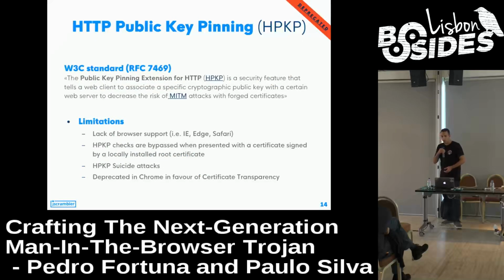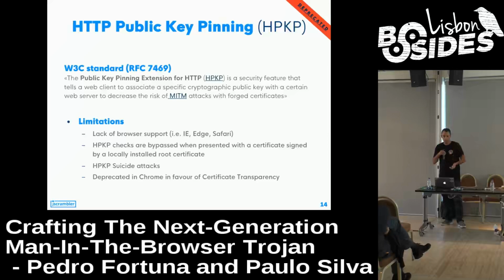Next, HPKP. HPKP is intended to pin a certificate to a certain web server into the browser. This is meant to reduce the possibility of man-in-the-middle attacks with forged certificates.